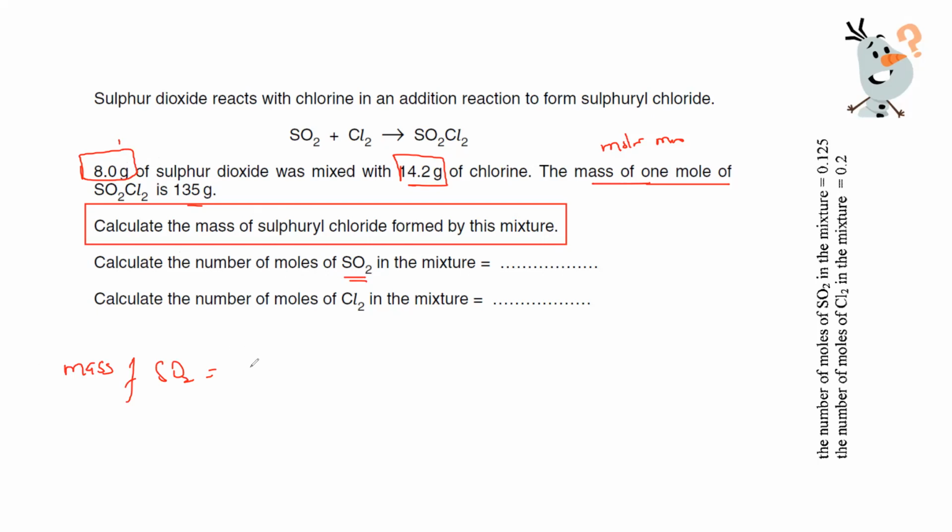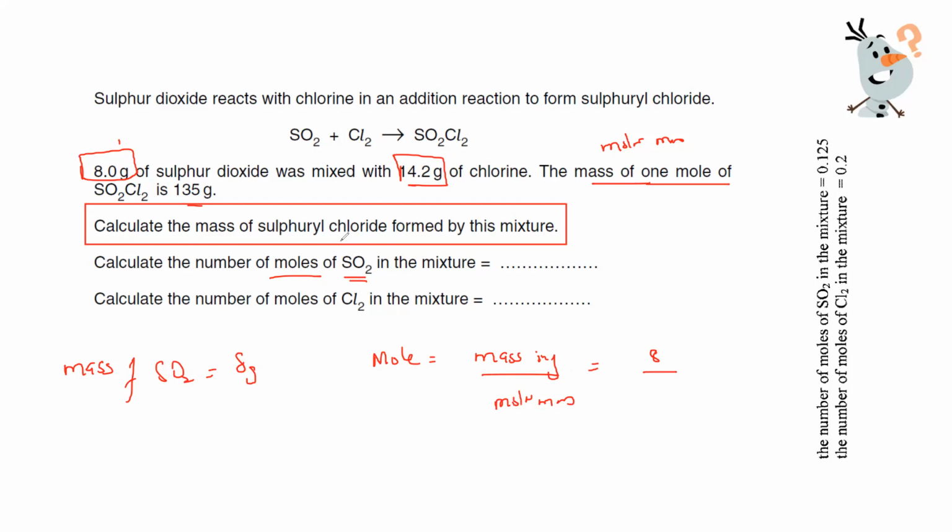So we have the mass in gram, 8 grams. Then we can use the formula that moles equal mass in gram divided by the molar mass. Because we are finding the moles of sulfur dioxide, we use the mass of sulfur dioxide, which is 8, divided by the molar mass.